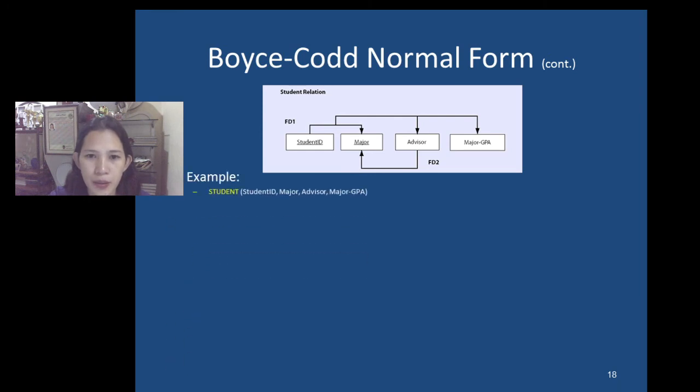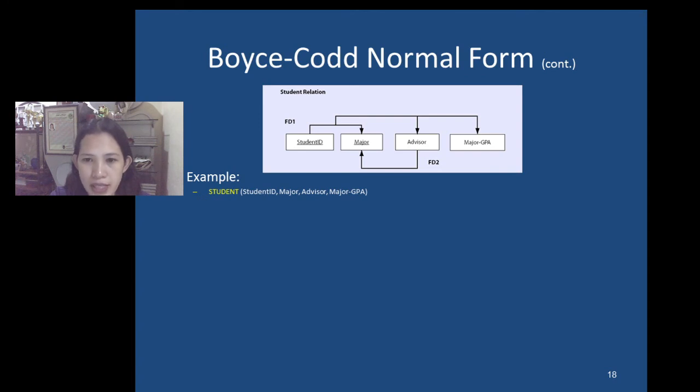Here, the student relation has the attributes student ID, major, advisor, and major GPA. This means that the student ID and the major determine the advisor and the major GPA. We also have here a functional dependency, which is advisor determines the major. So in this example, a student can have many majors, and each major should have an advisor.